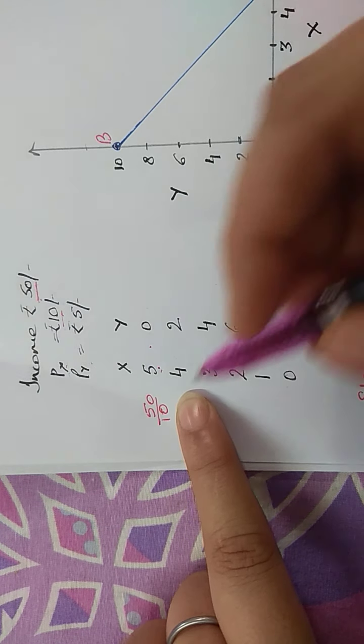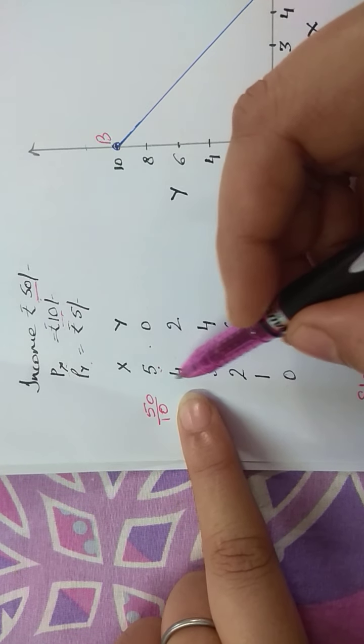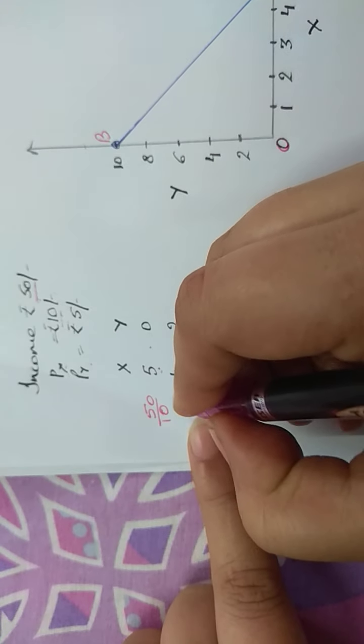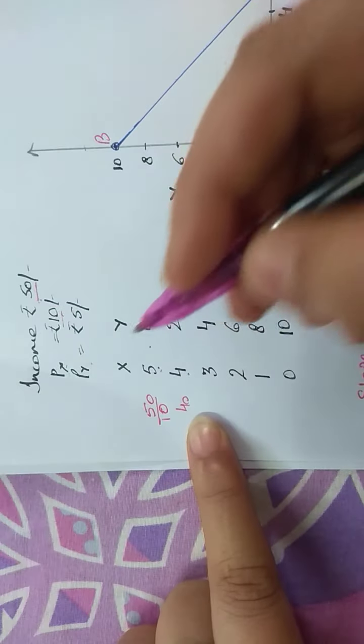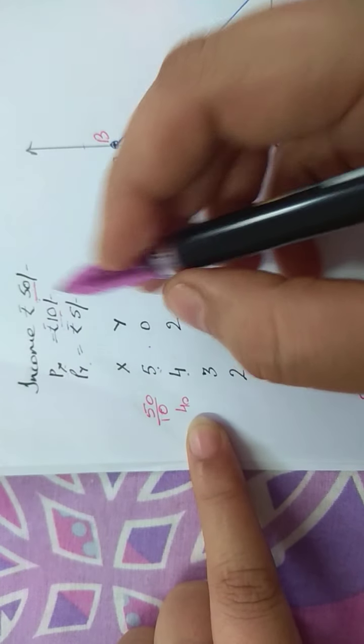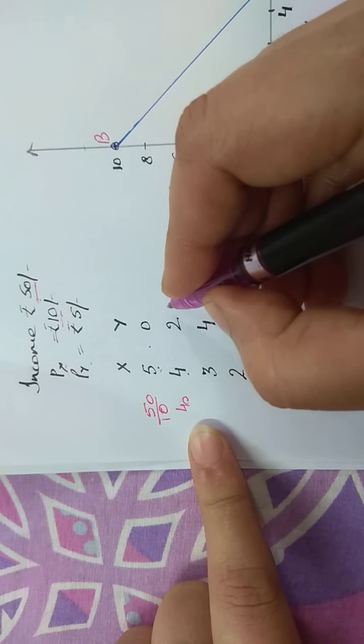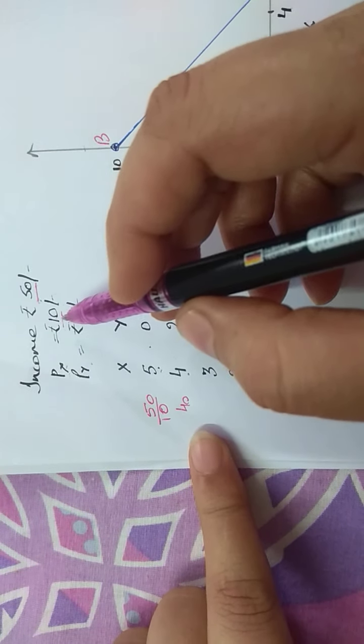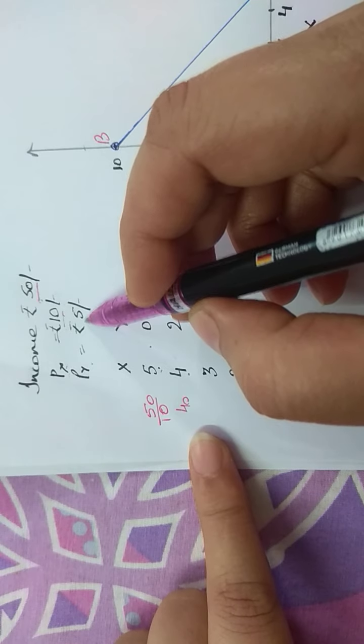Similarly here, if the consumer consumes 4 units of X, he is spending 40 rupees. 10 into 4, 40 rupees. He is left with 10 rupees. Now 10 rupees can be used to buy 2 units of commodity Y, because the price of 1 unit of Y is 5 rupees.